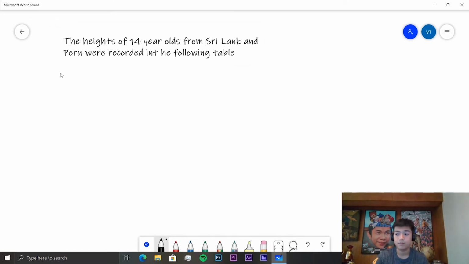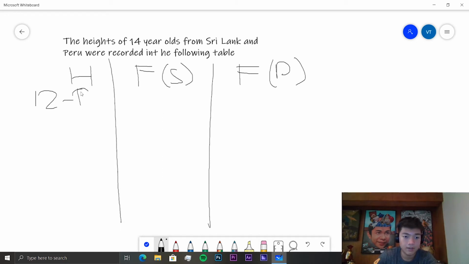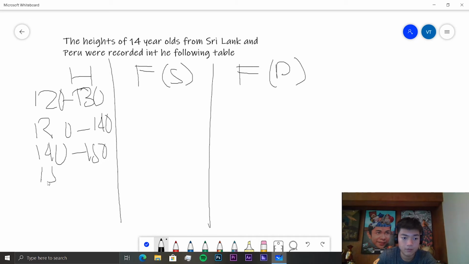So we have the height, and then this is Sri Lanka, height of students, the frequency in Sri Lanka, and the frequency in Peru. So we have 120 to 130, so this is continuous data, 130 to 140, 140 to 150, 150 to 160, and 160 to 170.